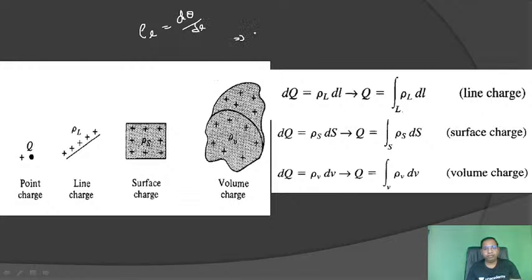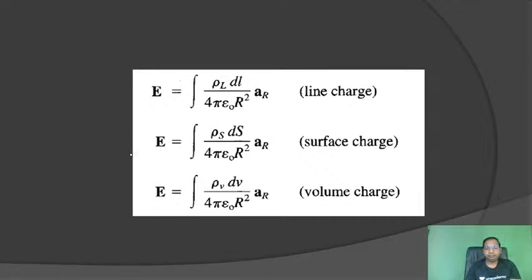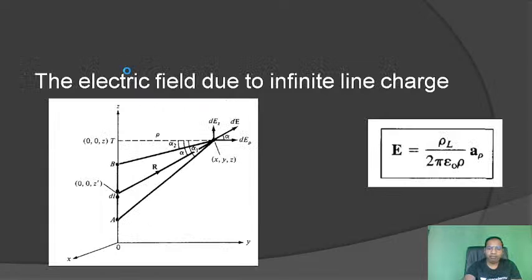From this, dq can be written as rho L into dl, and if I apply integration on both sides, then q is equal to the integral of rho L dl. The same happens for q is equal to the integral of rho S dS, and q is equal to the integral of rho V dV. Next, electric field expressions can also be written like this.